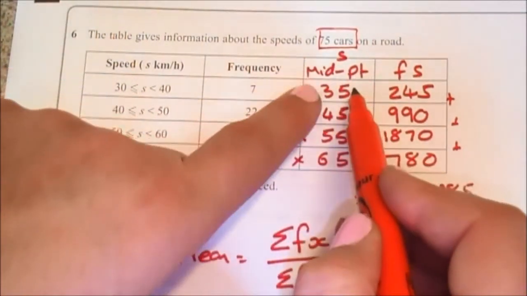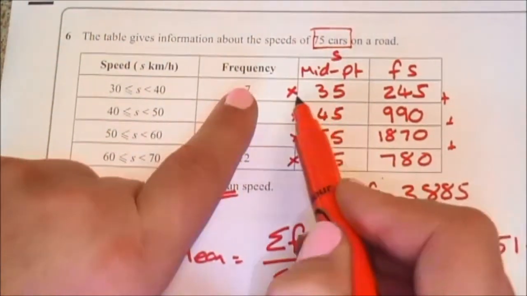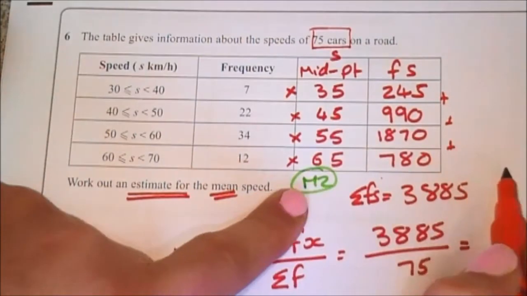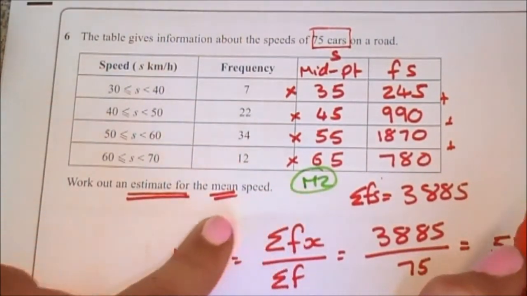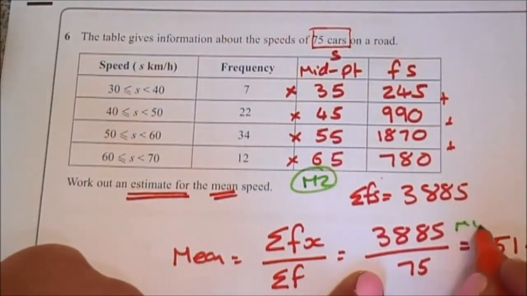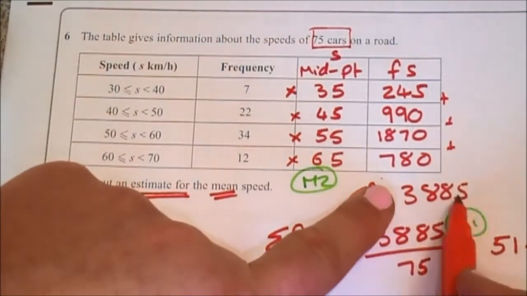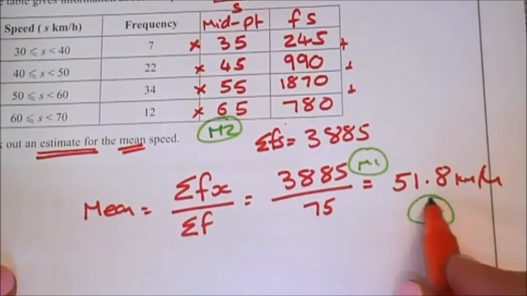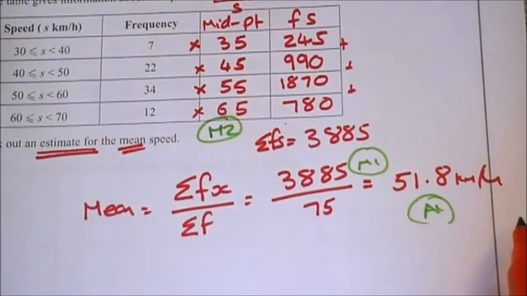However, if you've shown that you've used the correct midpoints and you've multiplied the midpoints by the frequency, you get 2 method marks for that. You then get an additional method mark for showing that you've done your total of that column divided by 75, and you get an A1 mark for getting the answer correct.